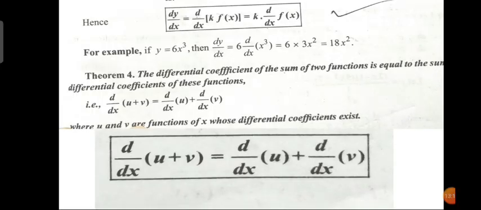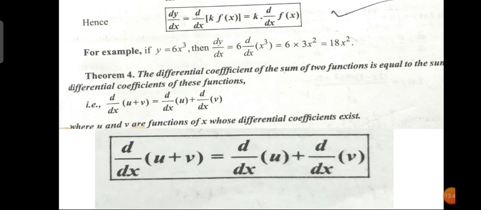And d by dx of k into f of x, where k is a constant, is k into d by dx of f of x; the constant is taken out. That is also important. Then a very important one, theorem 4, is given: the differential coefficient of the sum of two functions is equal to the sum of the differential coefficients of these two functions.